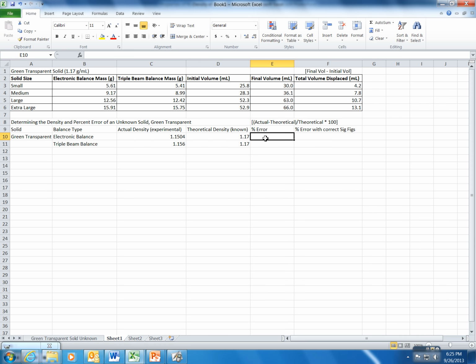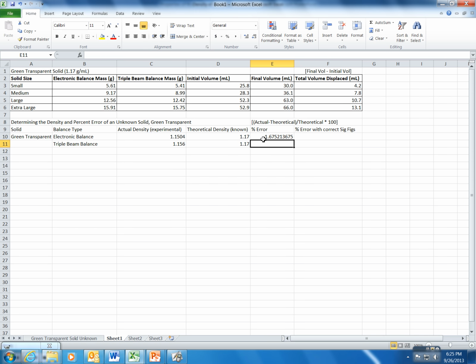So again, I'm going to make Excel do math, so I have to type in equals, and then put parentheses because I want to divide this whole subtraction. Parentheses, actual value minus my theoretical value, and I want that subtraction to be divided by the theoretical value, and then times 100.